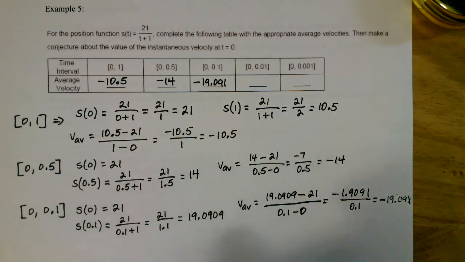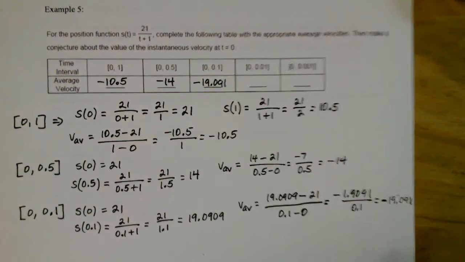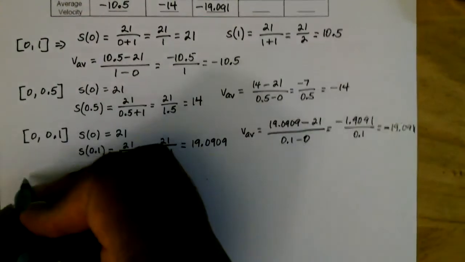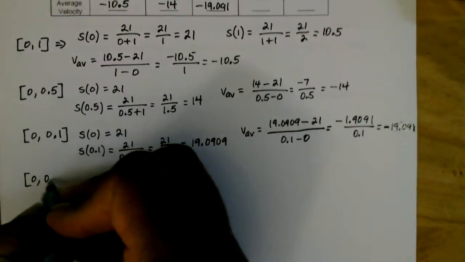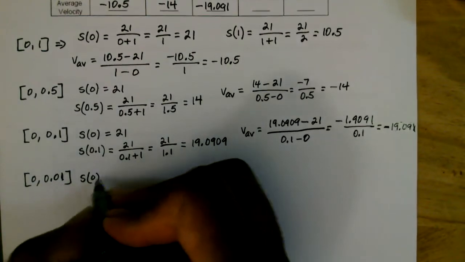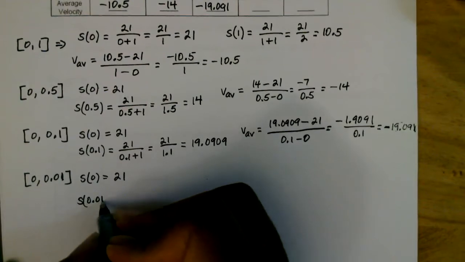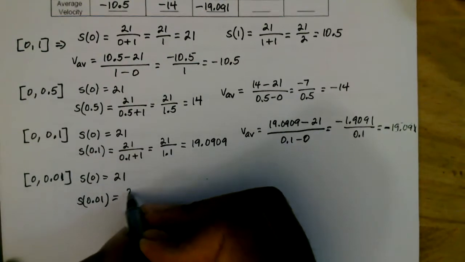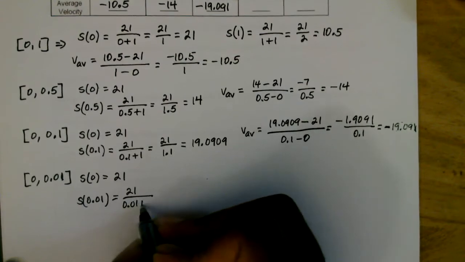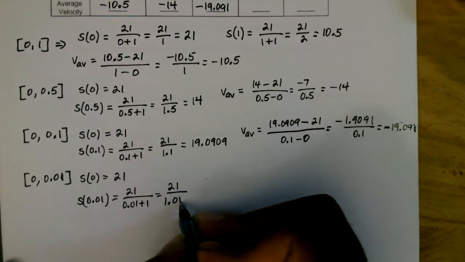Now from 0 to 0.01. Well, S of 0 is 21, but S of 0.01 will be 21 divided by 0.01 plus 1, or 21 divided by 1.01.